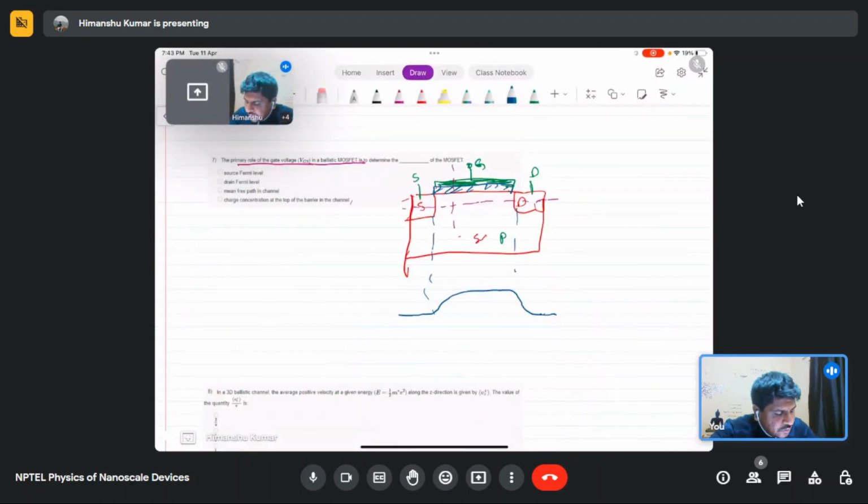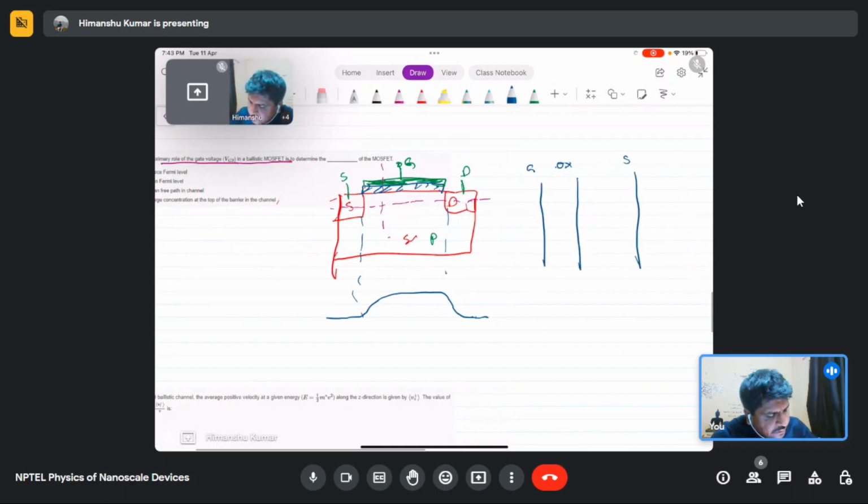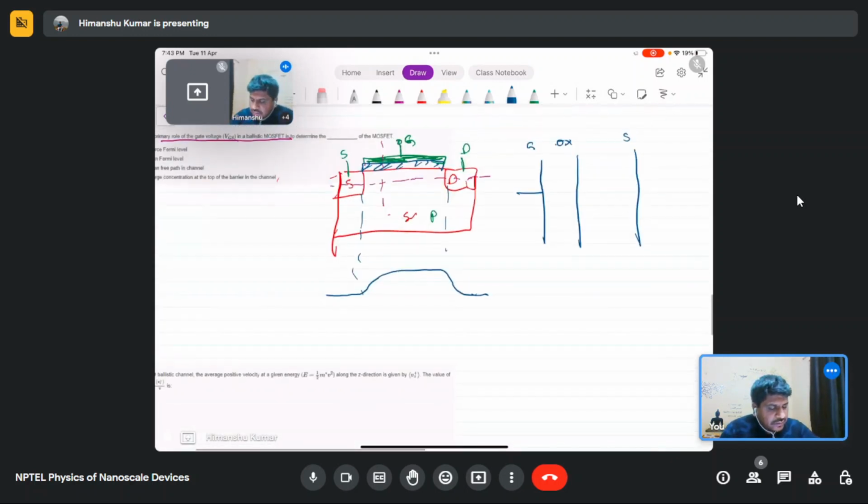Now if we draw the band diagram across this, then this is the gate, oxide and substrate region. In the gate region, which is metal, only the Fermi level will be there, because in the metal the concept of conduction band and valence band is not there.